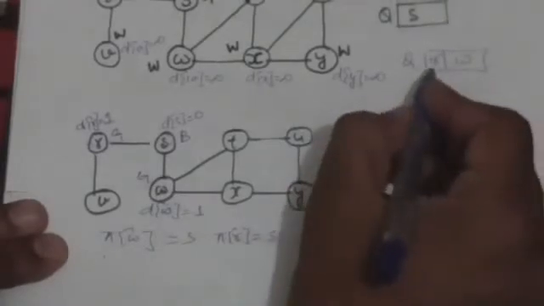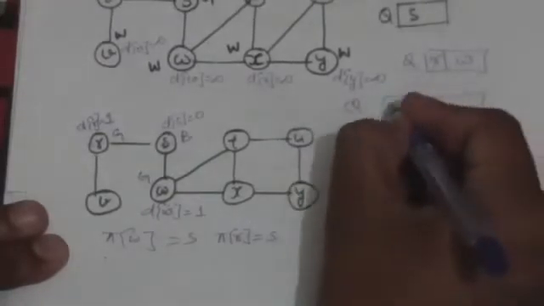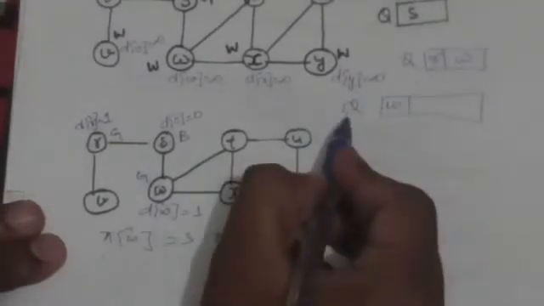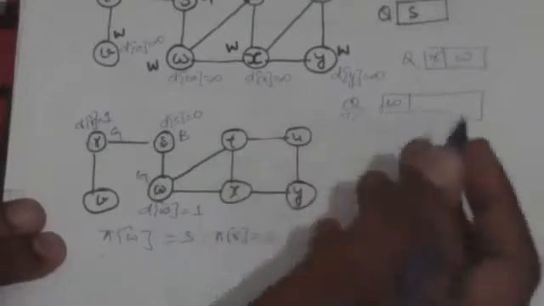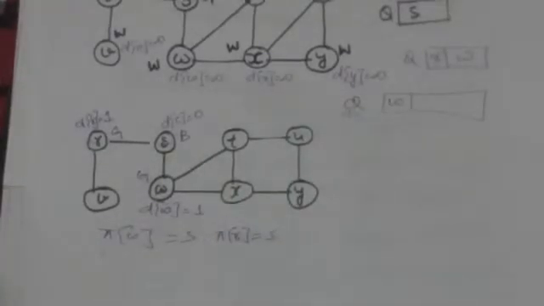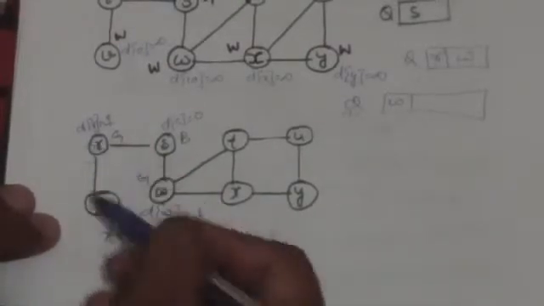We will dequeue a vertex from this Q. So here we have dequeued the vertex R from Q. Now the white vertices adjacent to vertex R: there is only one vertex, that is vertex V, which is white in color and adjacent to vertex R.